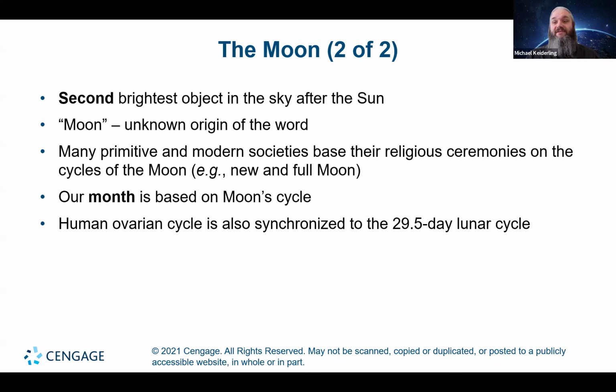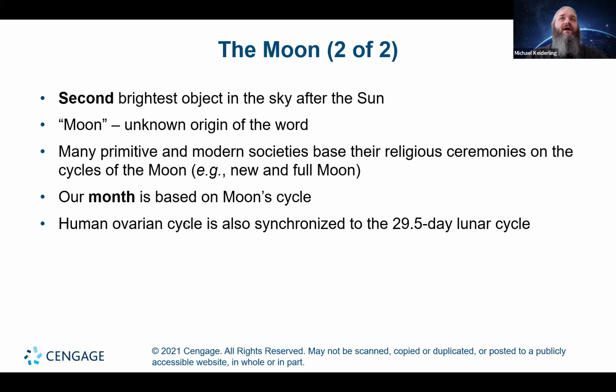The two major cycles are the cycle of the sun, the seasons for the year related to our orbit around the sun, and the months tied to the orbit of the moon around the Earth. So our month is based on the moon cycle. Lots of religious ceremonies are based on the cycles of the moon, like the timing of Easter has to do with the interactions of the moon and the solstices.